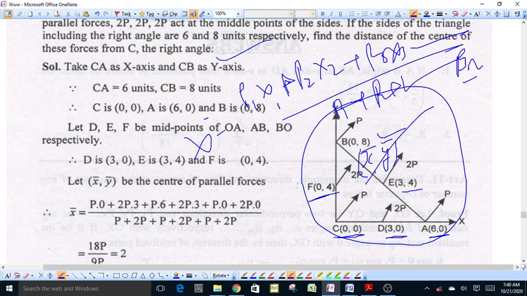By using this result, force P at point C, P into 0, plus 2P into 3, plus P into 6, plus 2P into 3, plus P into 0, plus 2P into 0, upon the magnitude of all these parallel forces: P plus 2P plus P plus 2P plus P plus 2P.